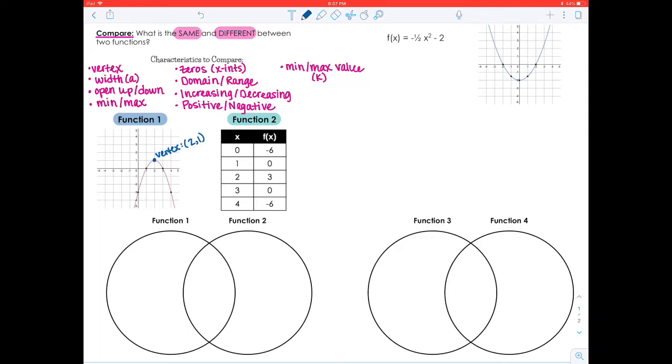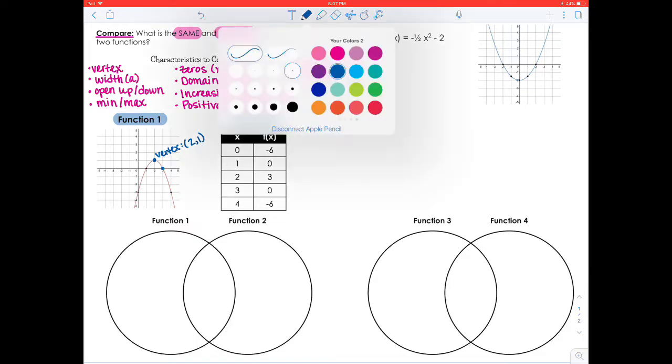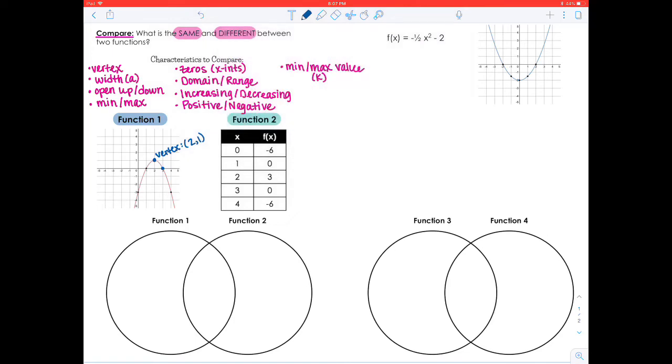And we're gonna wanna know what this A value is to figure out the width of it. So remember, you look at your vertex and then the next point that has a run of 1. So that would be either at the 3 or at 1. Okay, and so to get from the vertex to that next point, we would go down 1 and then right 1.